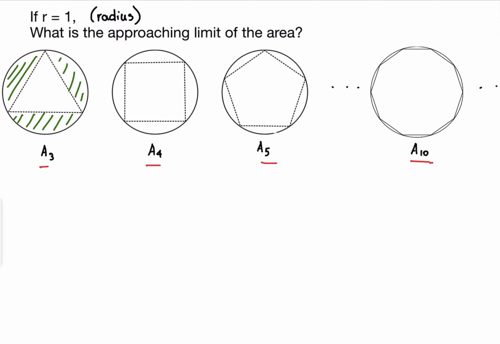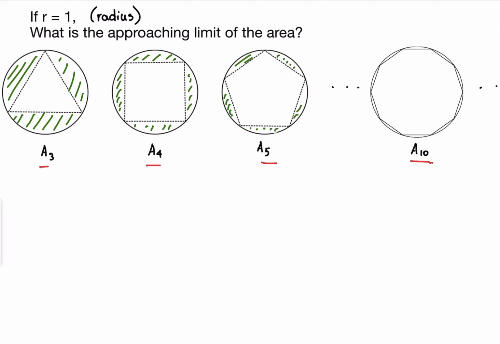But as we increase the sides of the polygon, which we have over here, a square and then a pentagon and then a decagon, you can see that the area being left out gets lesser and lesser each time. We only have this much area in this one, and in the pentagon there's not much area.